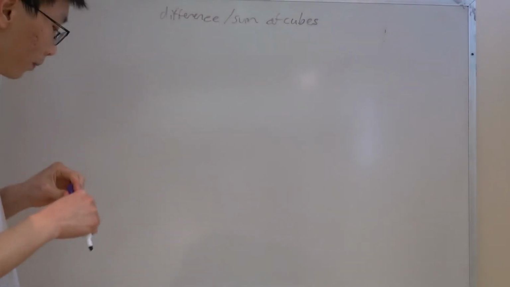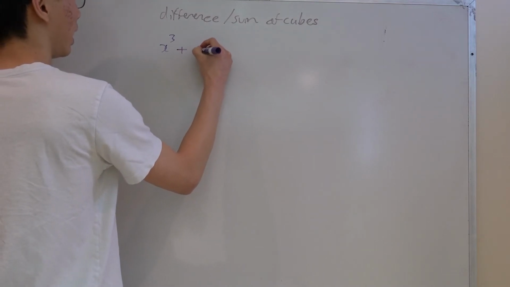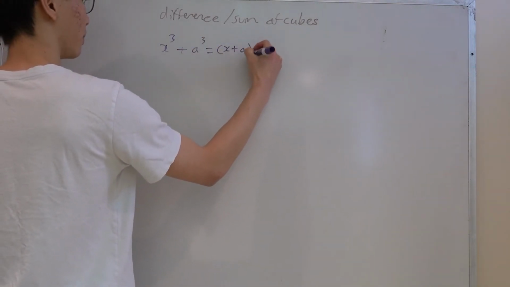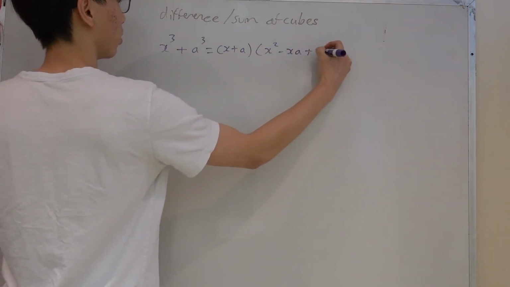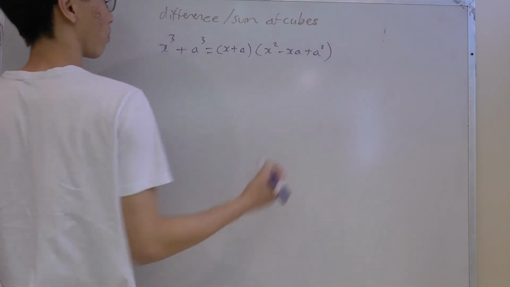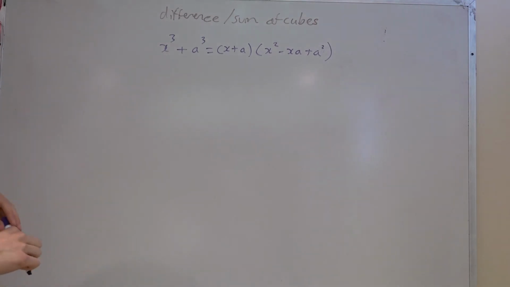So here we go. The first formula is this. x cubed plus a cubed is equal to x plus a times x squared minus xa plus a squared. Okay? Now you may be wondering, how on earth am I going to remember this? Well, let's put aside that question for now. I'll show you the next formula in just a second.